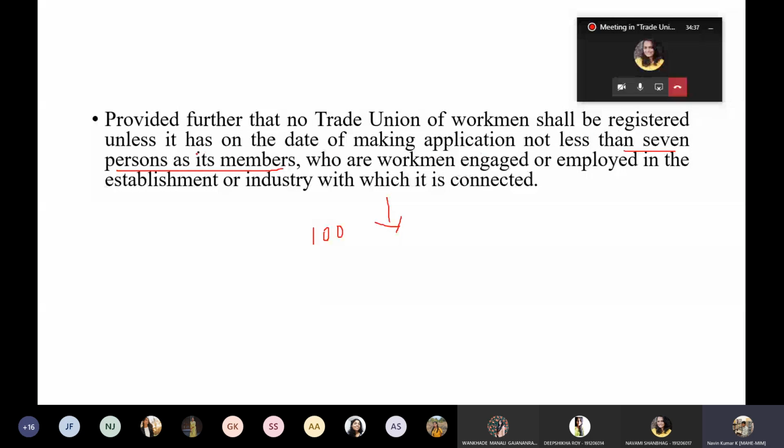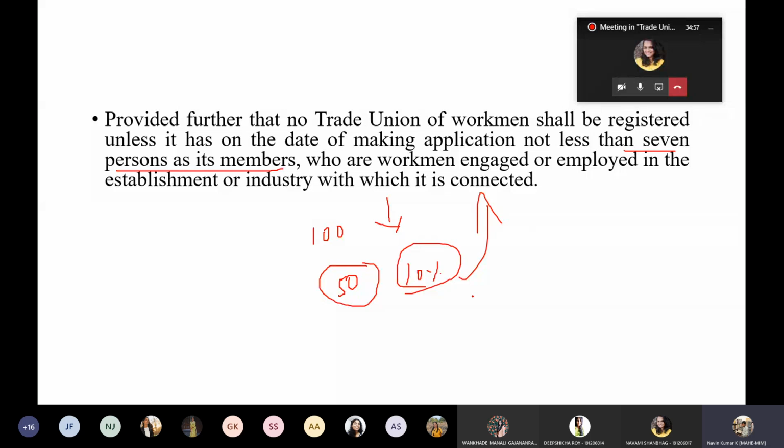No trade union of workmen shall be registered unless it has, on the date of making an application, not less than 7 persons as its members. In the previous example we have taken, if there are 50 employees and you take 10%, it will not satisfy this condition of 7 members.